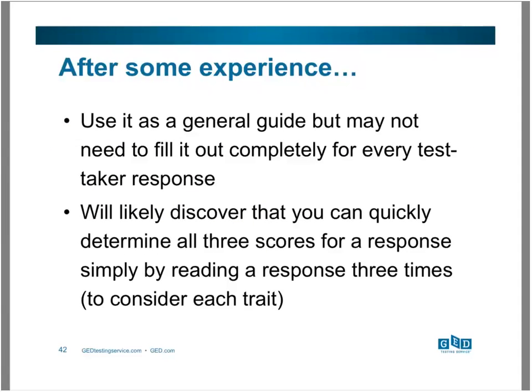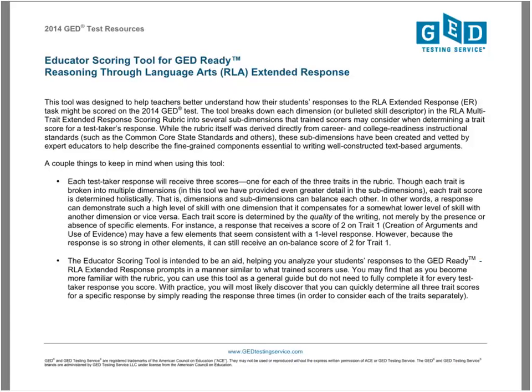So Susan, let's look at a sample of that RLA Educator scoring tool and just look at the main sections of it. Okay, I'm going to pull that one up so that we can take a look at the one for RLA.